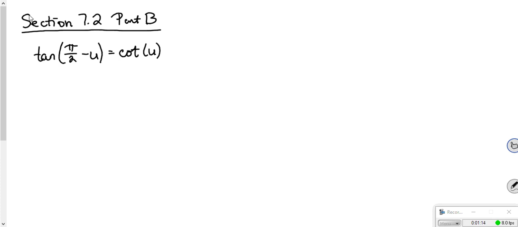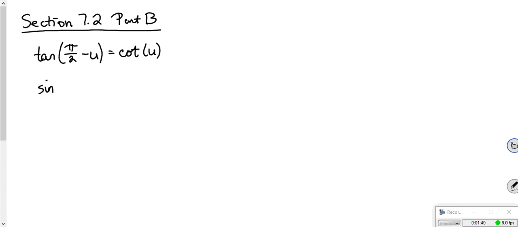But once again, we're going to be working on the left-hand side and trying to use our sum and difference formulas to verify that tangent of pi over 2 minus u reduces down to cotangent of u. So first, like we typically did back in section 7.1, let's rewrite tangent as sine over cosine.